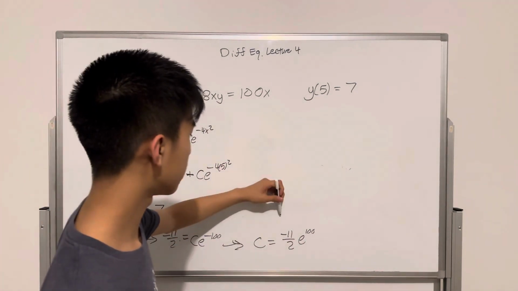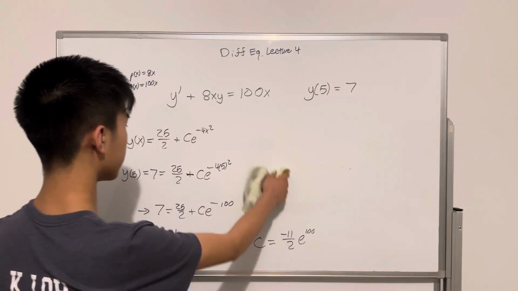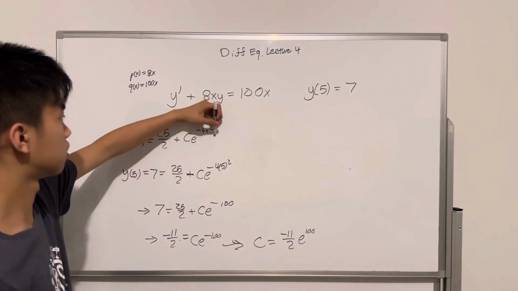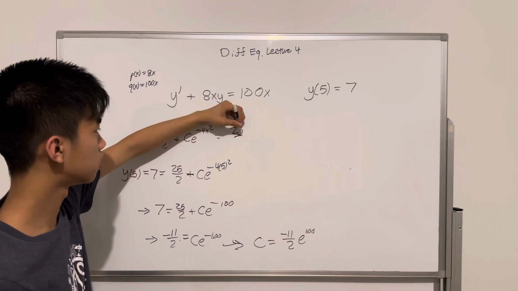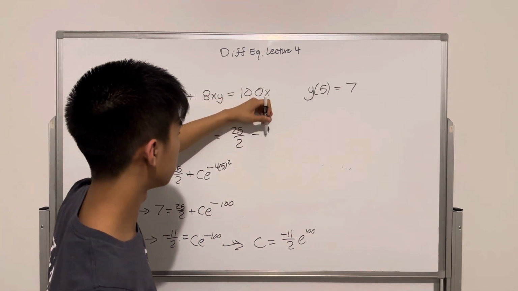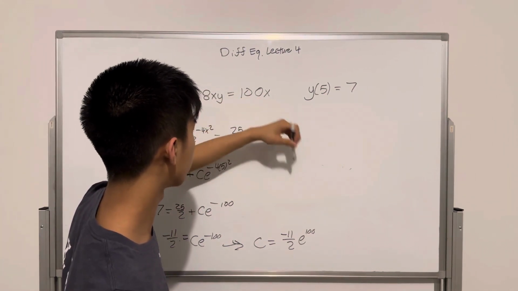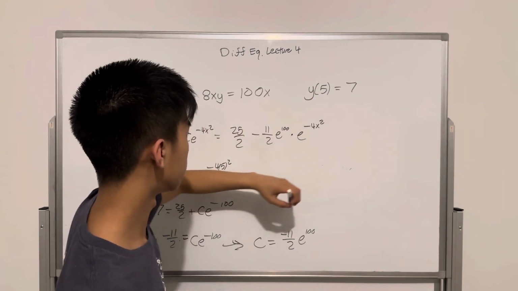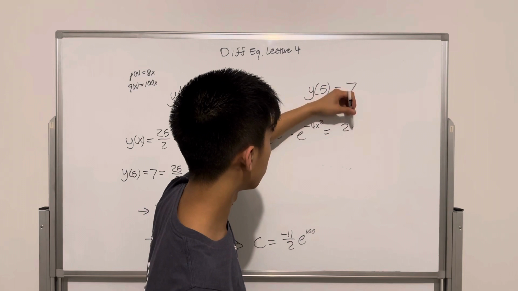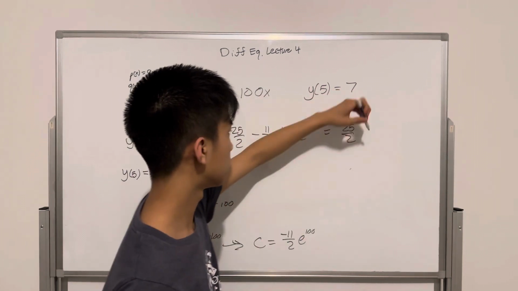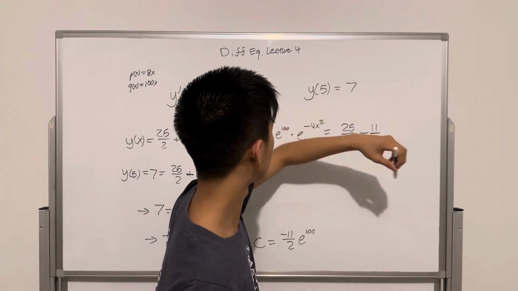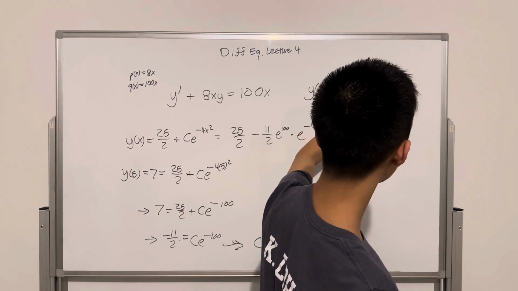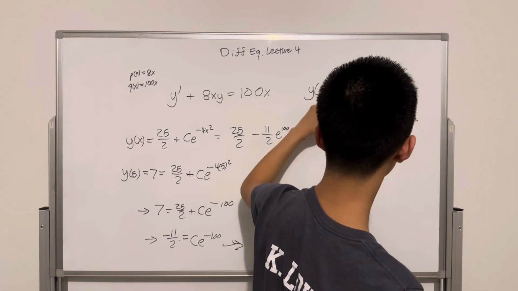So then our final solution becomes 25 over 2 minus 11 over 2 e to the 100th power times e to the negative 4x squared. Or 25 over 2 minus 11 over 2 e to the 100 minus 4x squared power.